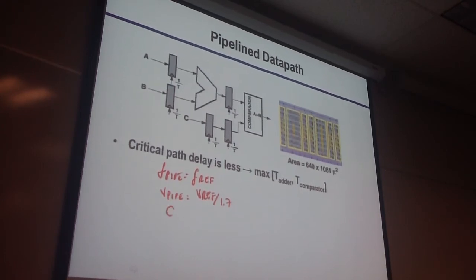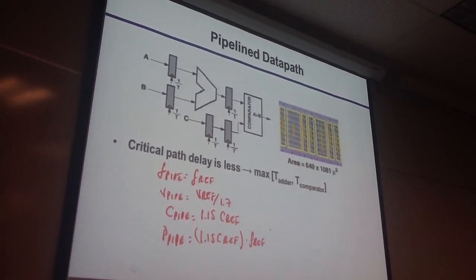Capacitance, C pipe, because of these new flip-flops, is a little bit higher than C ref. So the power dissipation of the pipeline data path is this times F ref times V ref squared, and that's roughly 0.39 of P reference.